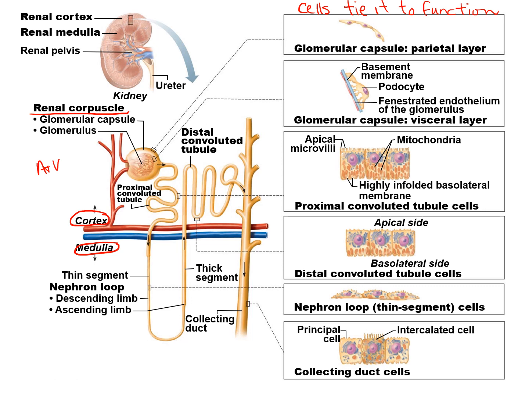But if you already kind of know that the proximal convoluted tubule with your little cuboidal cells with lots and lots of microvilli forming a brush border, that will help you to remember that it's involved in reabsorption from the filtrate to the bloodstream of good substances, and then it's also involved in secretion.